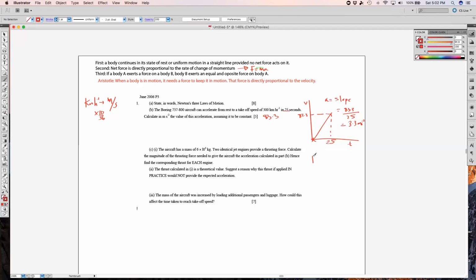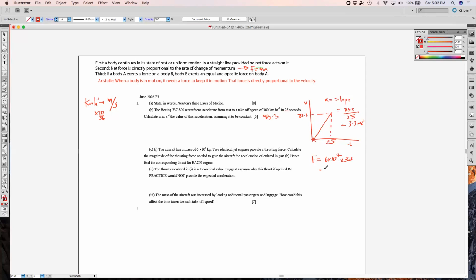We know the mass, which is 6 by 10 to the 4, and we just got the acceleration, which is 3.3. From this we can get the force, the force needed to push this heavy plane.